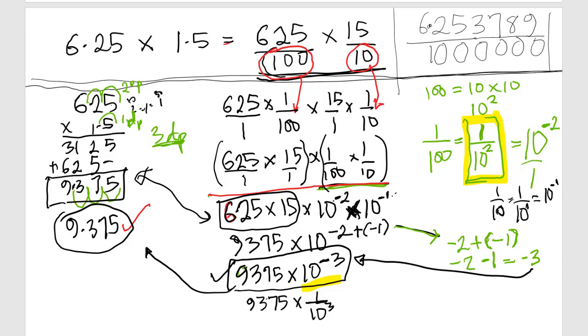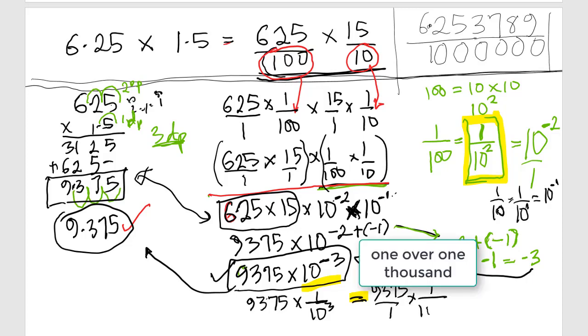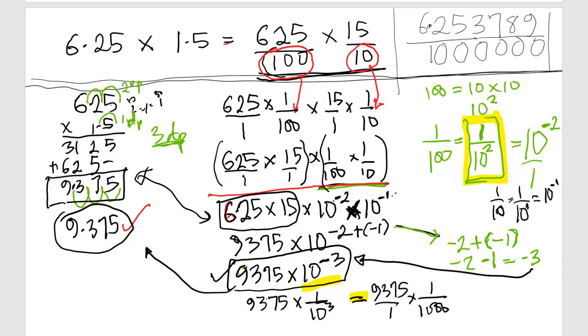So this is equal to saying 9375 over 1 times 1 over... remember what we explained here.